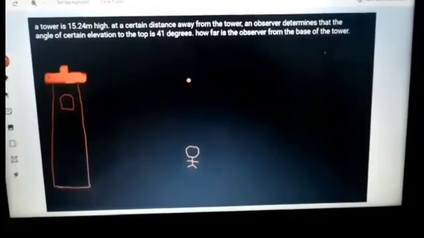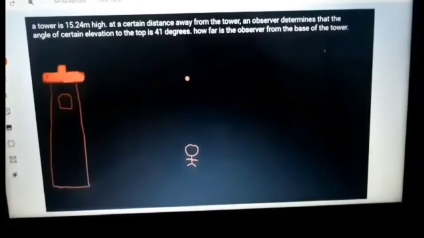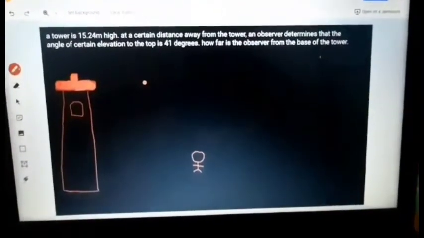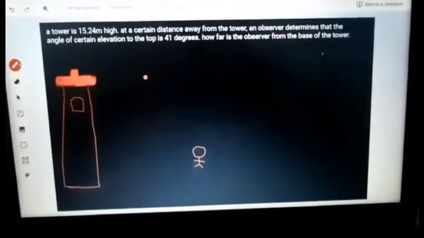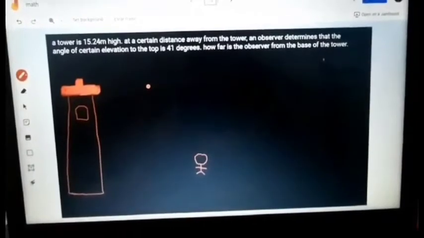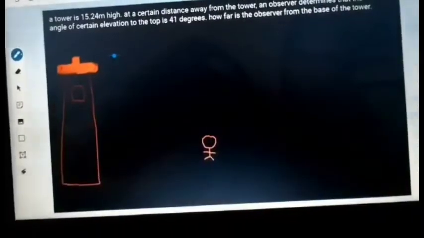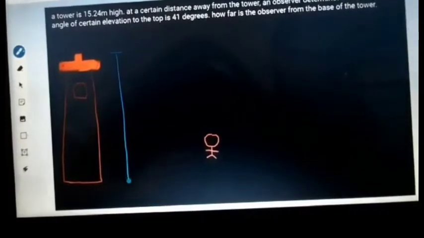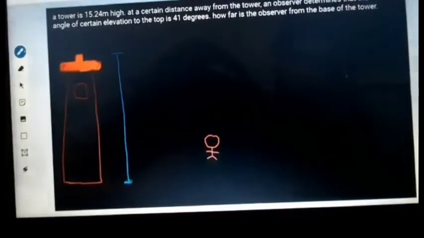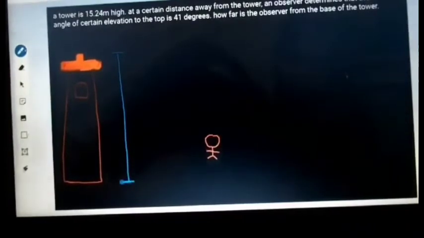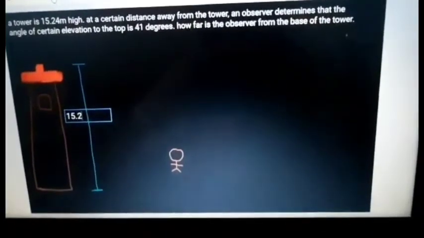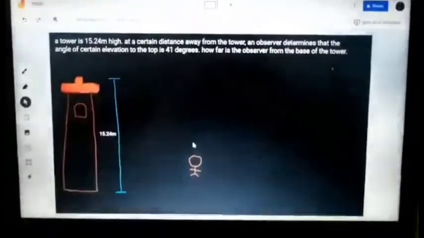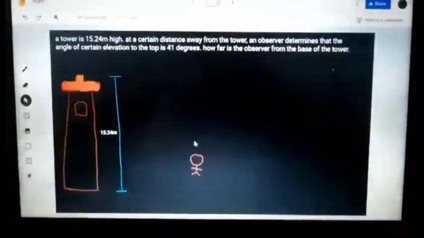The next thing you need to do is to label the parts of the problem. There is one clue in the problem that says that the tower is 15.24 meters high. According to the problem, the angle of elevation is 41 degrees to the top.